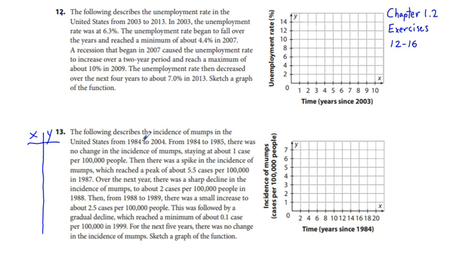And we are going from 1984, and it looks like every year represents a mark here. So we're starting in 84, so I'm going to put 84 down here just to remind us of where we are.